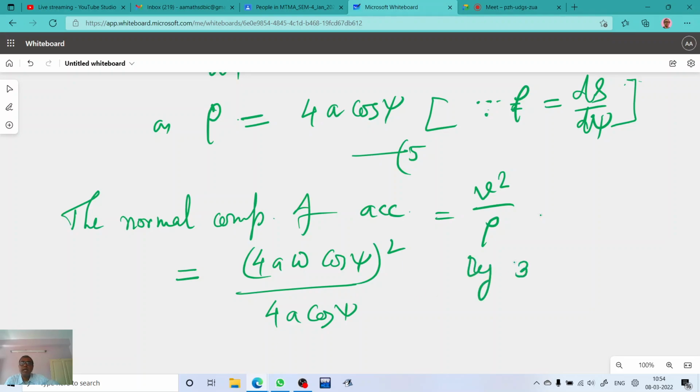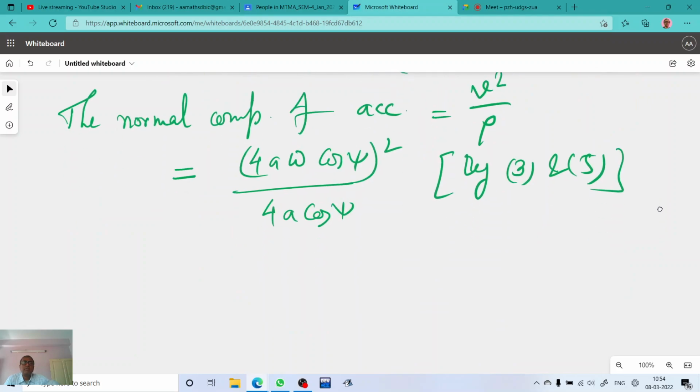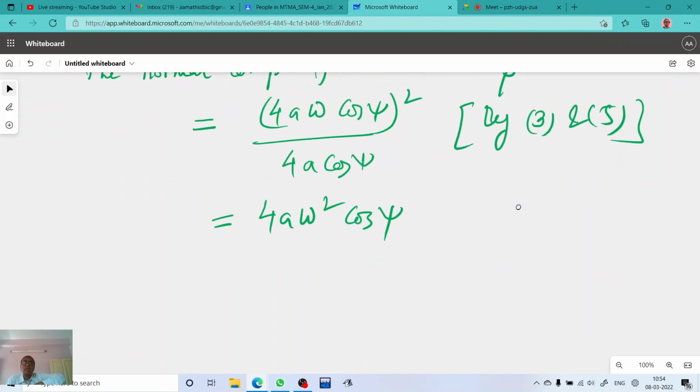So after simplification we get it equals to 4a omega square into cos psi. So normal component of acceleration is this.